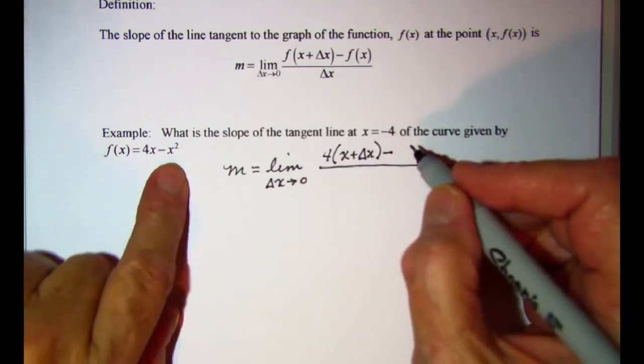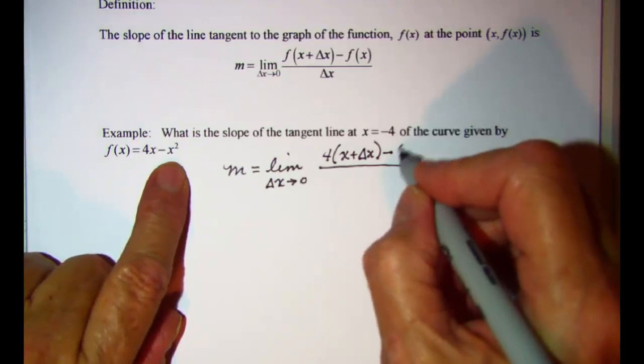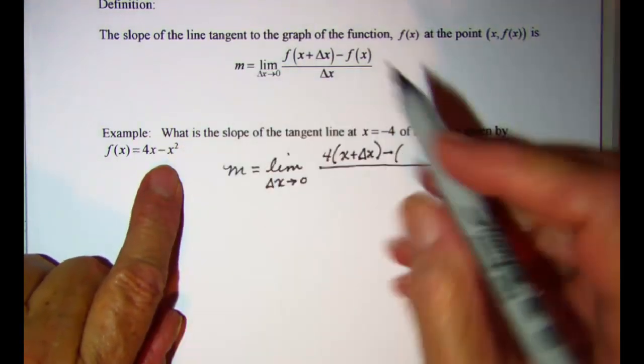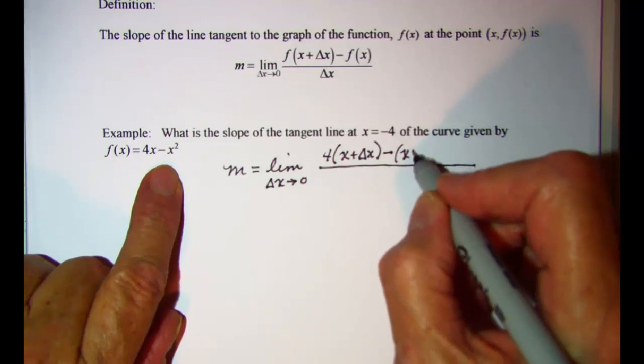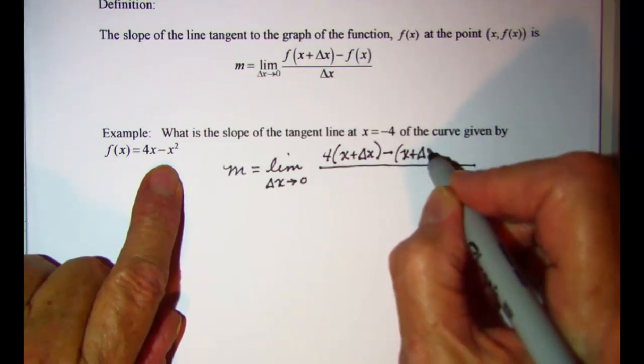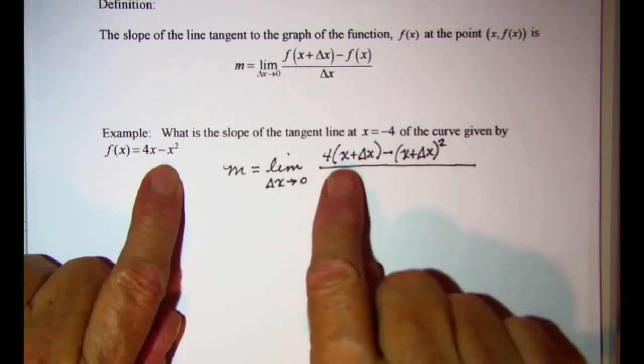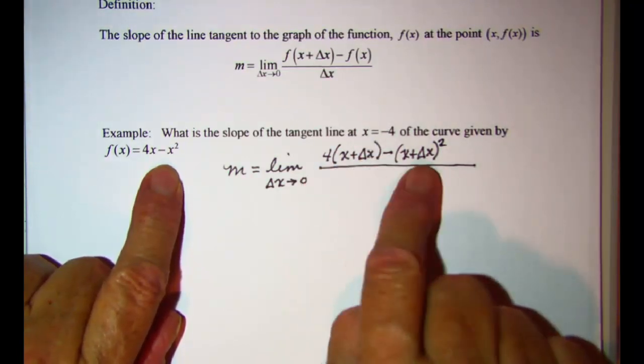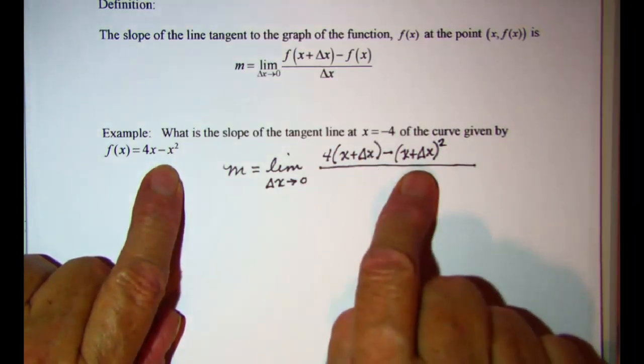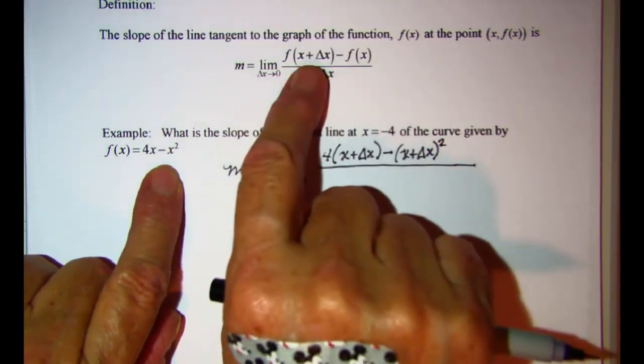Subtract. And again, in place of x, we're going to put in x plus delta x, quantity squared. Now this binomial represents f of x plus delta x.